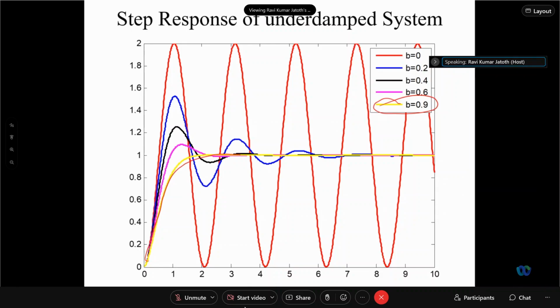Out of this, which is a good system or which is a desirable system? With your knowledge, can you tell me? The yellow line one? Here we gave input 1, but the output is beyond 1, no? Yes, sir. Now let us take a vehicle suspension system and there is a road bump.